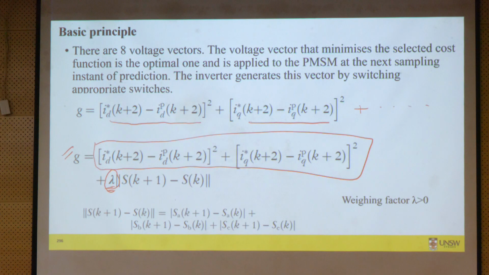Switching loss is always higher in this type of cost function based control, and that's why switching loss minimization becomes part of your cost function. And then that weighing factor determination in stationary reference frame is challenging.